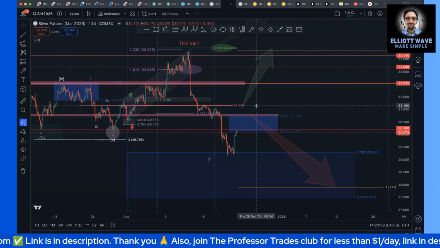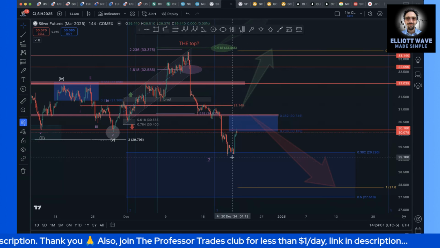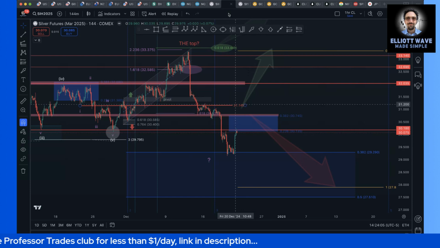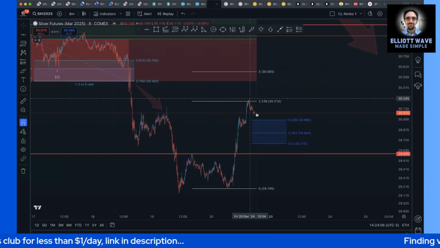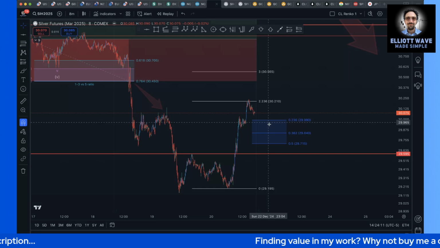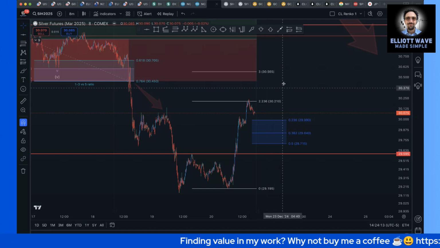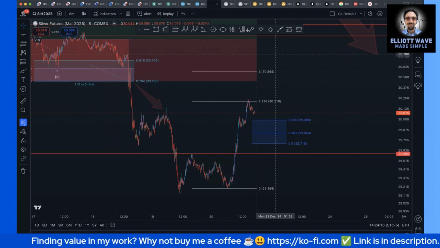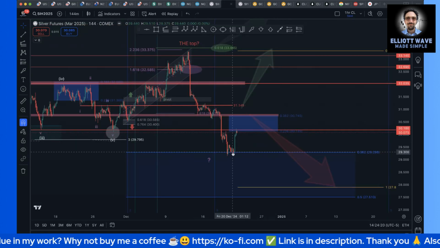Now, I'm not saying the low is in, but this is getting really interesting, because if this comes down into this zone as a wave 4 and gives one more shove higher, we could consider this 5 waves up based on where this is in structure.